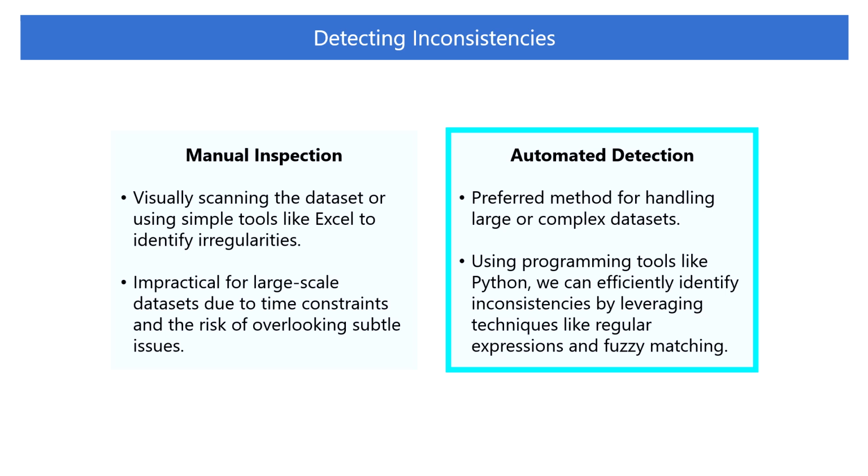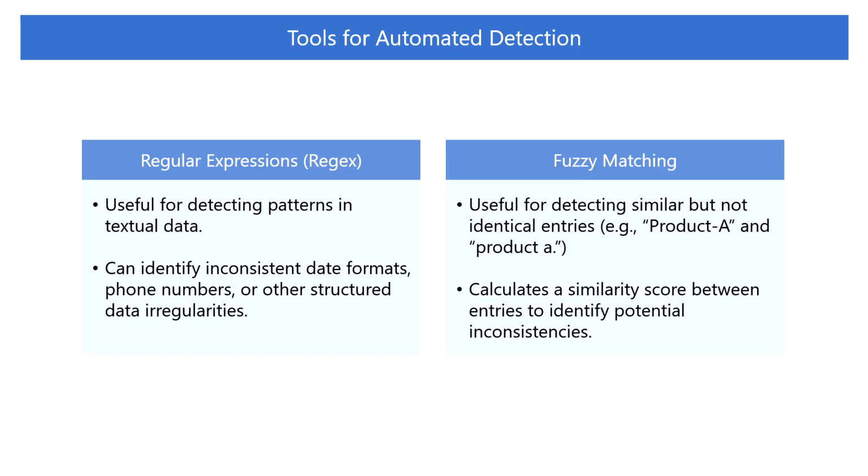Automated detection is the preferred method for handling large or complex datasets. Using programming tools like Python, you can efficiently identify inconsistencies such as mismatched categories or irregular naming conventions. Regular expressions and fuzzy matching are popular tools to automate inconsistency detection. Regular expressions are useful for detecting patterns in textual data.